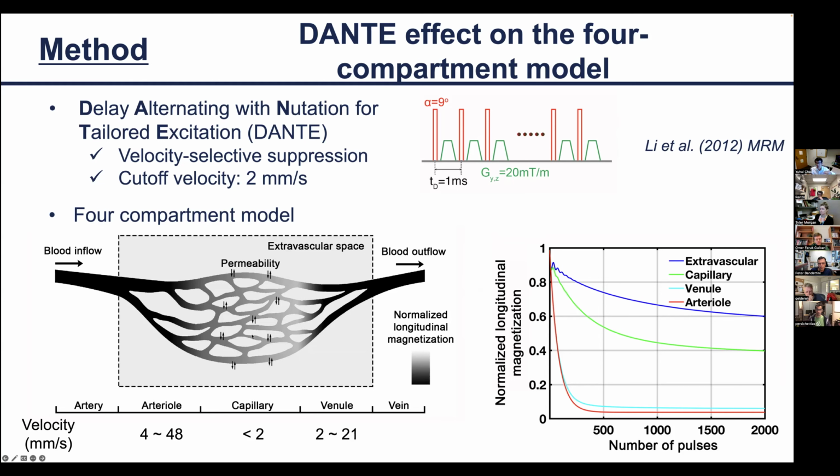So the capillary blood will also be replaced by the suppressed blood signal. And because of other effects like permeability exchange between tissue and capillary, in the end the capillary blood will result in the middle. But relatively, the blood signal, the red curve, will be suppressed compared to the tissue signal.